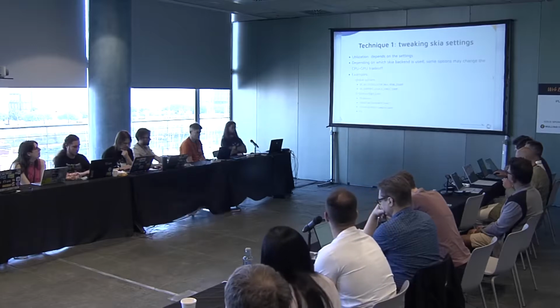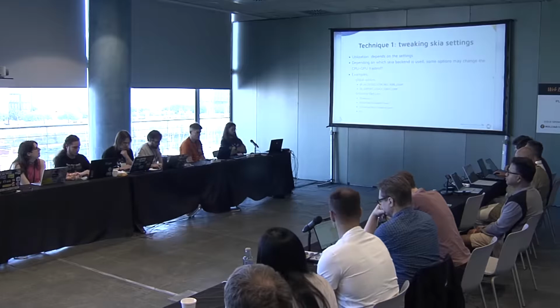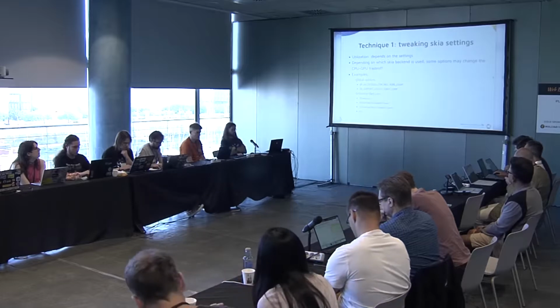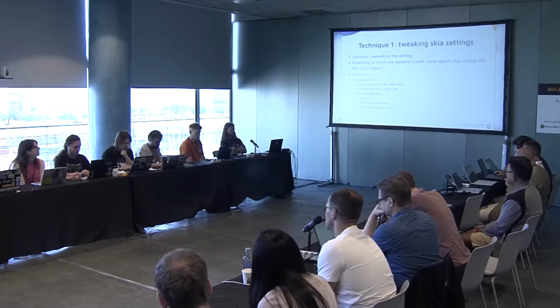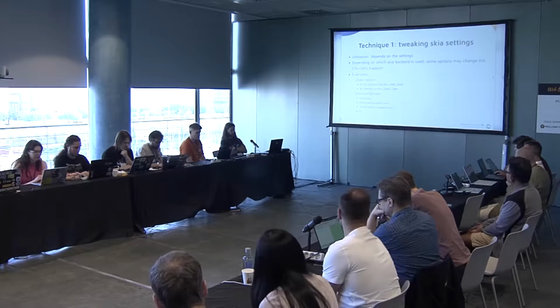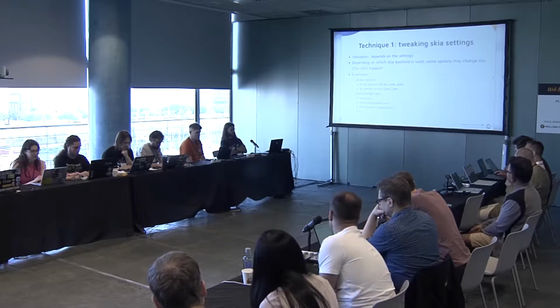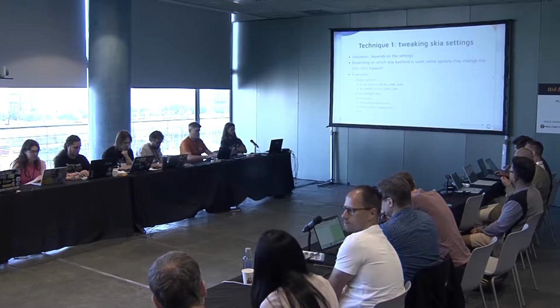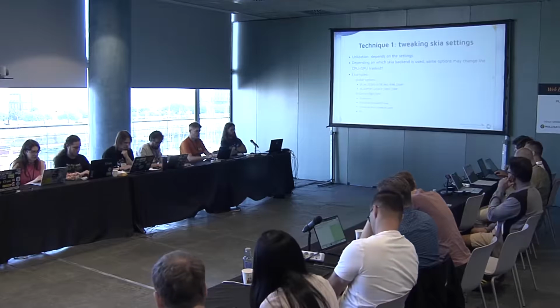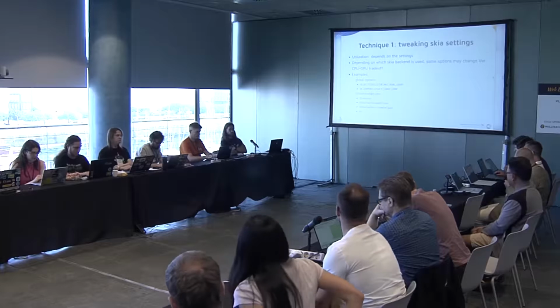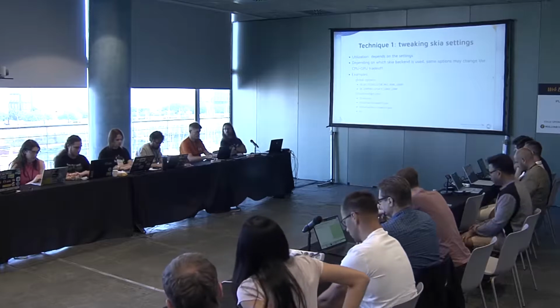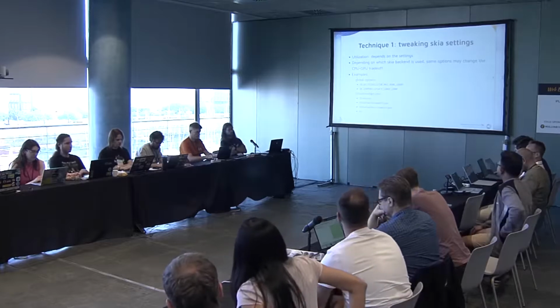As Carlos said, we're using Skia and we're working on the Skia Compositor. So soon we will be using Skia for almost everything. So it's important first to understand that Skia has a lot of small settings, global settings, but also, for example, we're using Ganesh right now, and Ganesh has a lot of settings as well. If we switch to Graphite at some point, it has a lot of settings as well. So you can always tweak those. And here I listed just some interesting settings that you may start with.